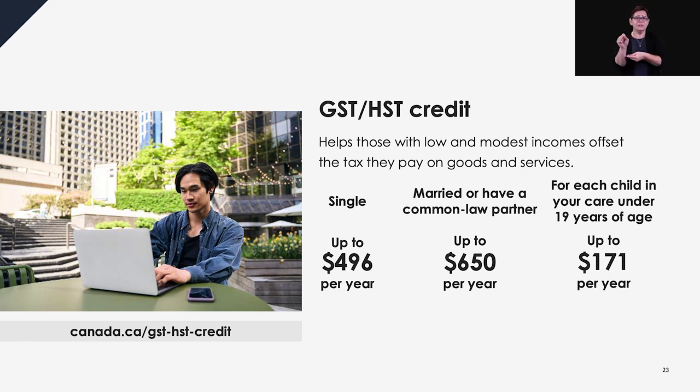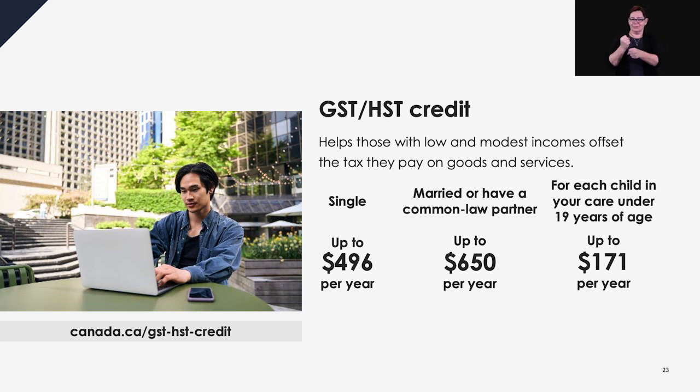There's no need to keep your receipts from all the things you purchased. The payment is issued 4 times a year around the 5th of July, October, January, and April. If you are entitled to receive the GST/HST credit, you could start receiving up to $496 per year.